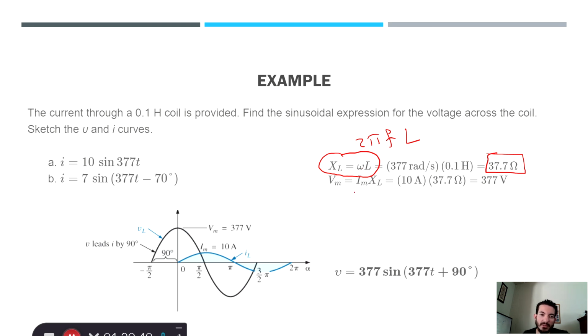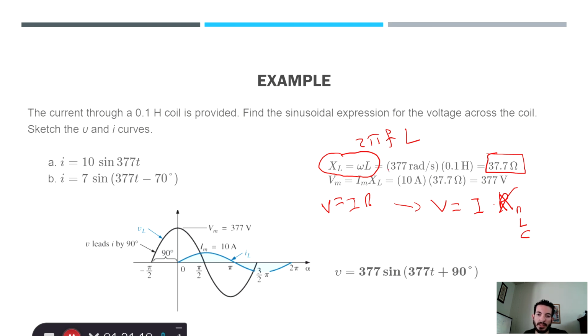To find the voltage, you simply use Ohm's law. In DC circuits, Ohm's law is V equals IR. In AC circuits, Ohm's law is V equals I times the reactance, also known as X, whether the reactance of a resistor, an inductor, or a capacitor.